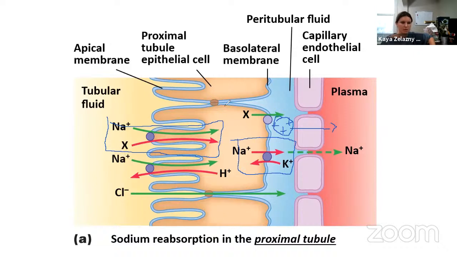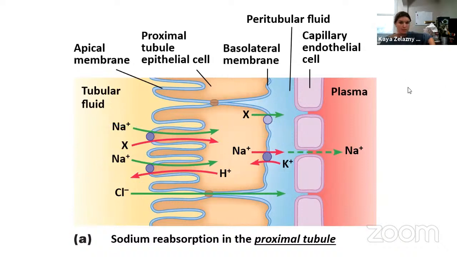So it's important that we keep low sodium inside our epithelial cells in the proximal tubule, because that's what allows us to do secondary active transport of things like glucose and this antiport, basically, this opposite movement, secreting hydrogen ions into the tubular fluid. So low sodium in the epithelial cell allows us to power movement across the apical membrane here.